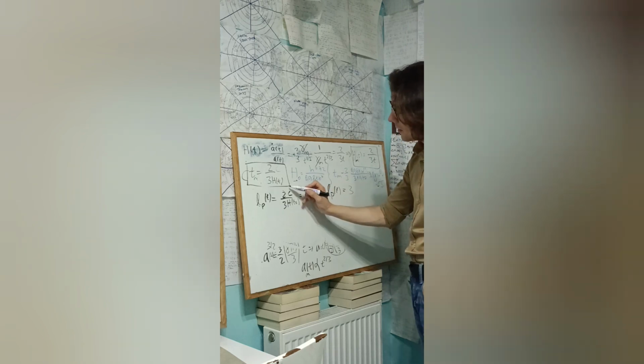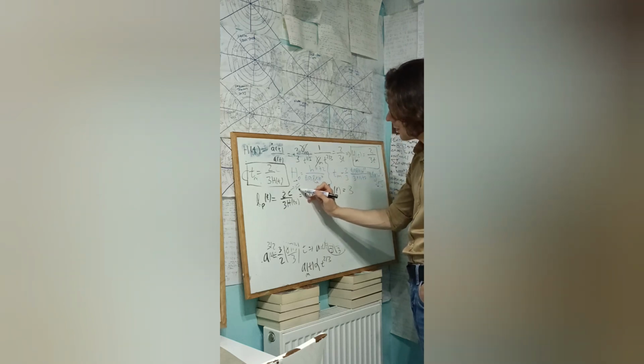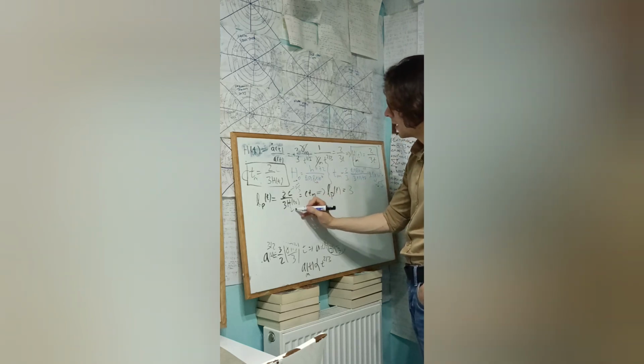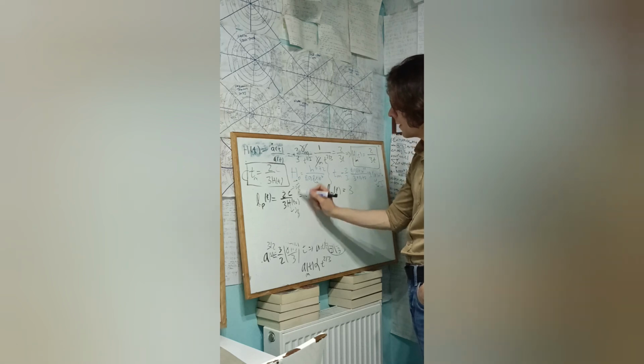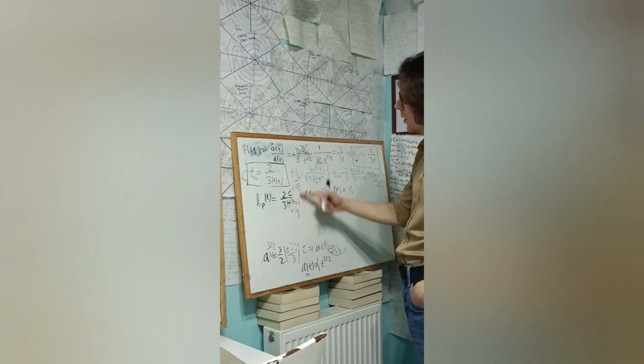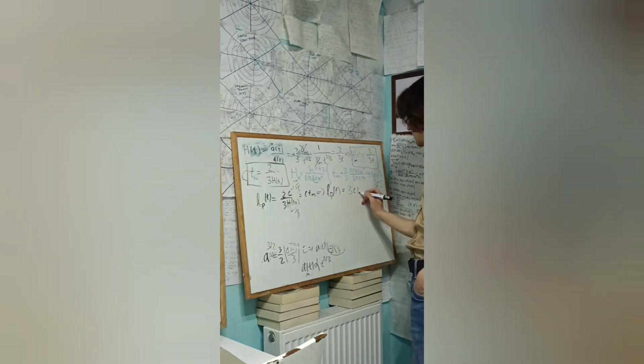Here is the unit of, for example, meters per second, and here is 1 over second, so seconds will vanish. So this is actually the units of length. So this is 3ct, right? Any problem with that?